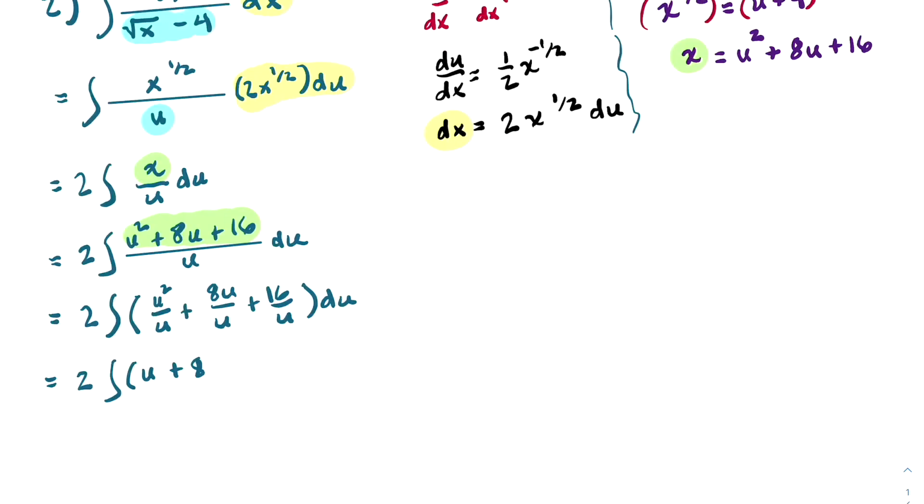So we're going to go ahead and split this integral because we have one of our new formulas. So we'll have 2 multiplied to everything, so we'll put a bracket around the 2. And now we'll have plus 16 times the integral of 1 over u du.